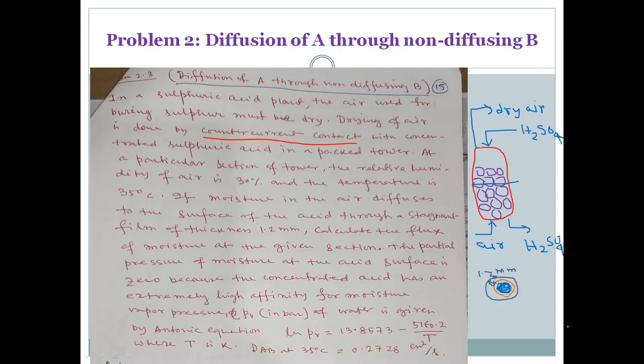When the gas is passing, there will be contact between this sulfuric acid liquid and the gas, and that film is 1.2 millimeter thick. So here this is the gas, and here is the liquid sulfuric acid.